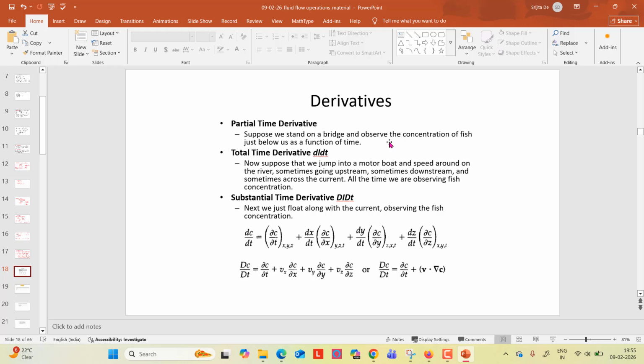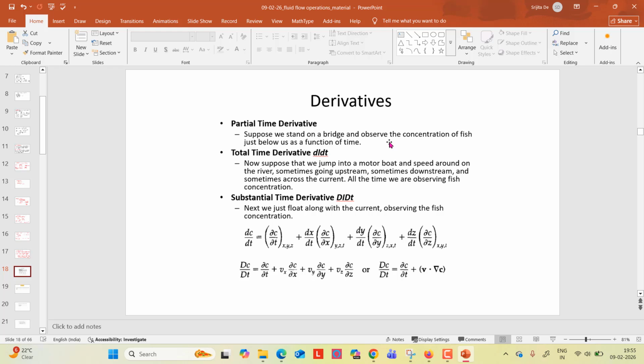Now suppose we jump into a motor boat and speed around on the river, sometimes going upstream, sometimes downstream, and sometimes across the current. All the time we are observing fish concentration. So when we are in motion along with the variable, that is captured by the total time derivative, represented by d dt. The substantial time derivative, capital D Dt, is the next.